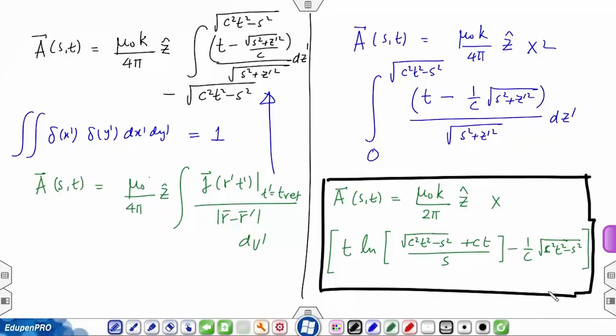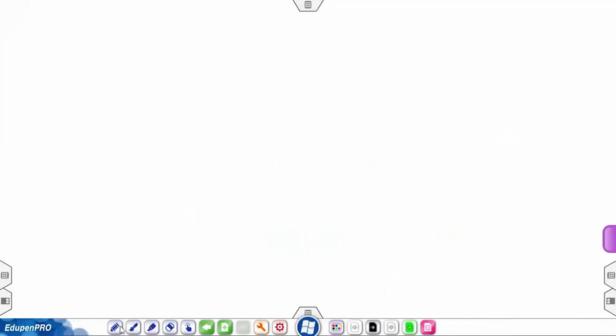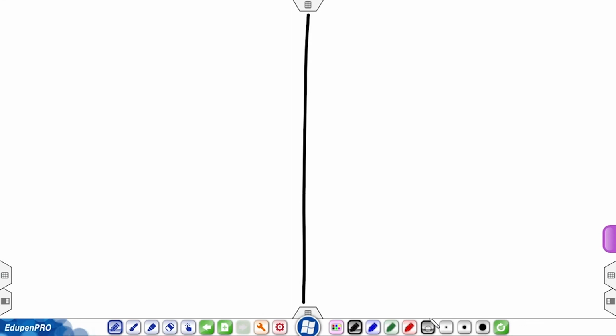Once I have obtained the vector potential, it is very easy to get the fields. The electric field E(s, t) is going to be minus dA/dt, since phi is 0.